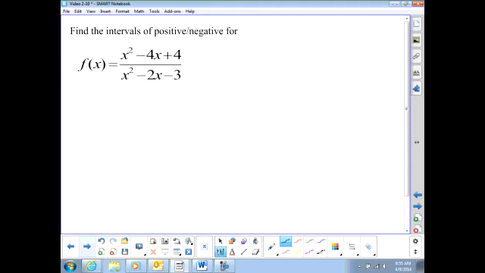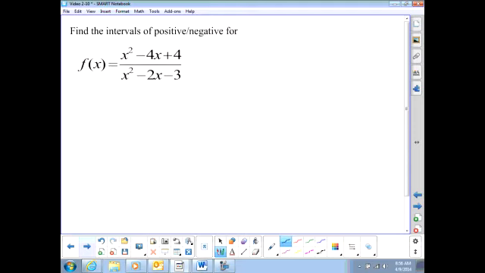So because of that, we are going to see if we can find the intervals where this function is positive and negative. Well, we need to look for the roots and any vertical asymptotes. Those are the places where it could switch from positive to negative.